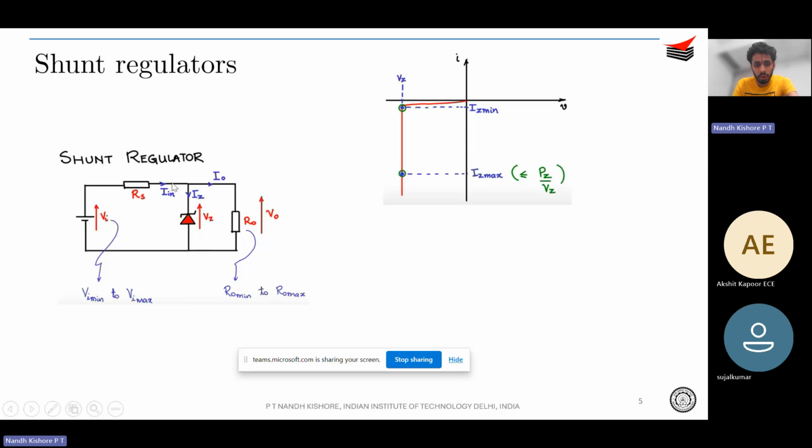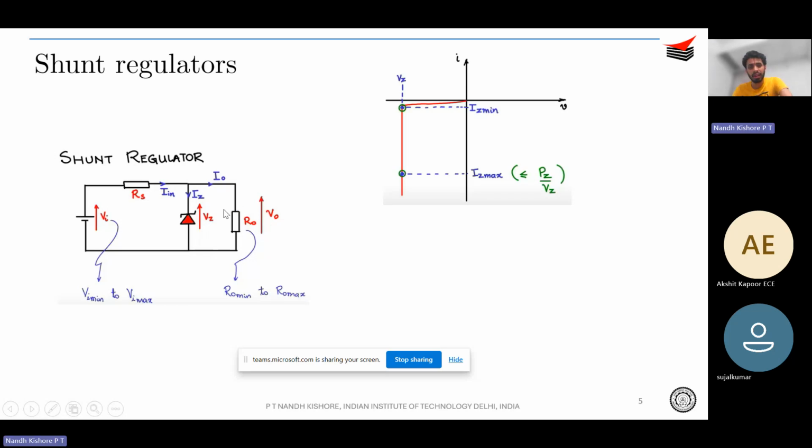You have the load R naught, so across the load you obviously get a fixed V naught, VZ. The idea is your VI is varying from VI min to VI max, and your load may vary from R naught min to R naught max. However, I would want a fixed V naught.